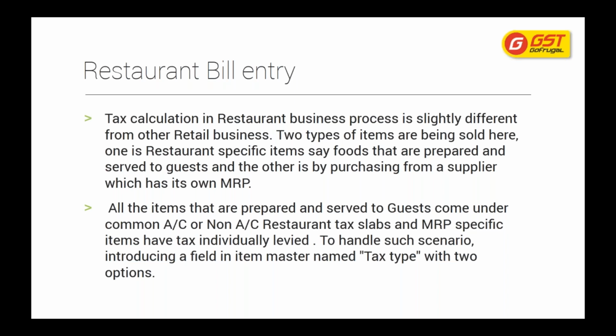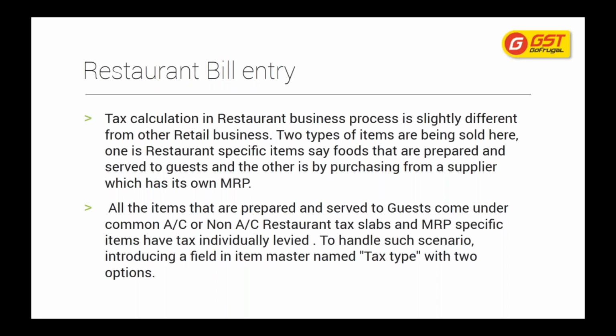For those items, the GST is applied based on the shop itself. And if we purchase any item from a supplier and sell it in our restaurant, for those items the GST will be applicable based on the supplier.